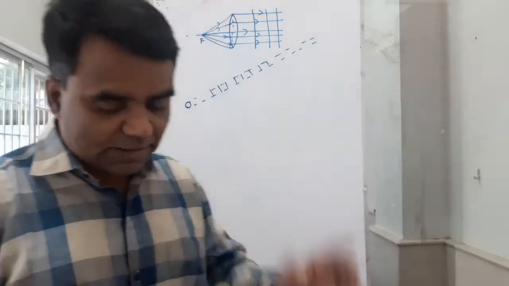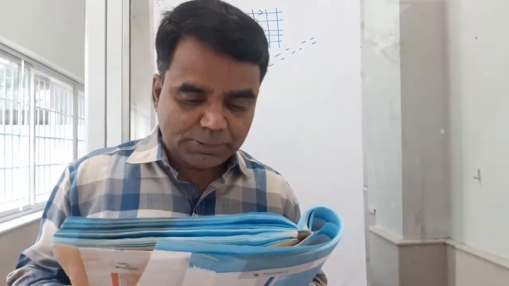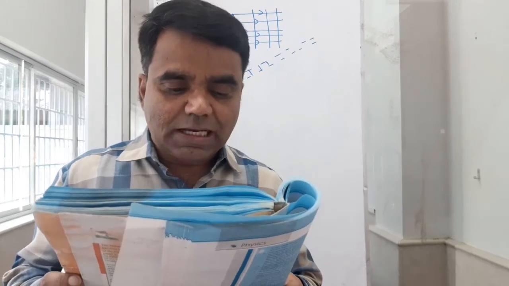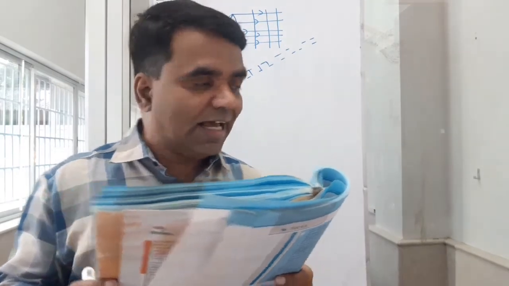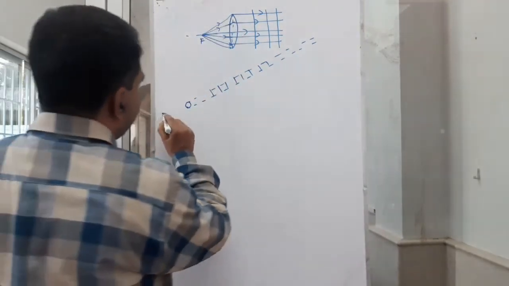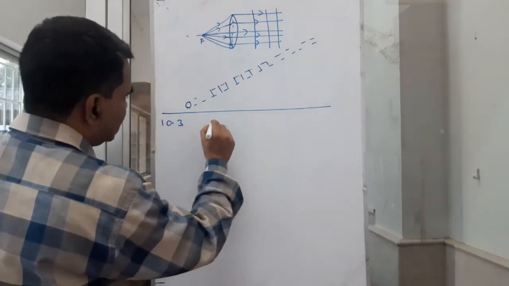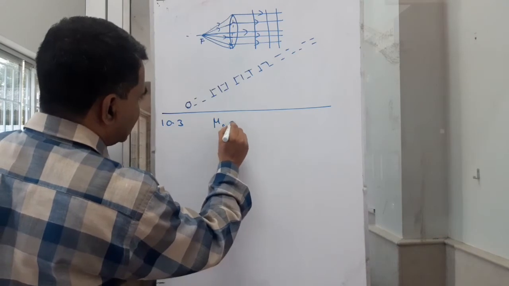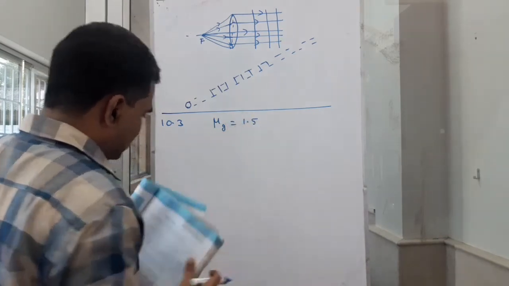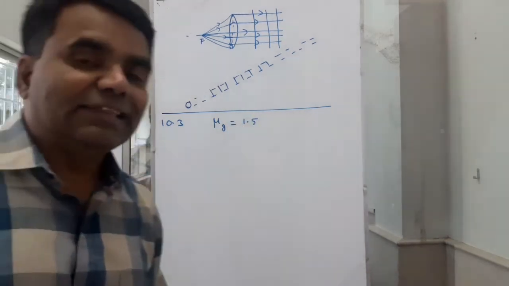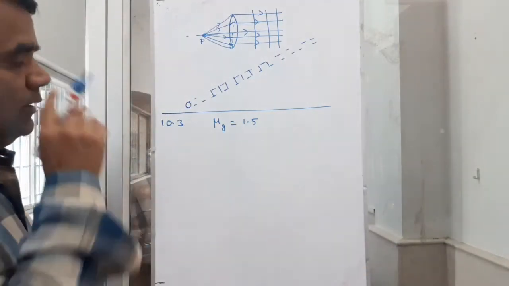Okay, let's start with the first part. The refractive index of glass is given to be 1.5. Then they want you to find the speed of light in glass.